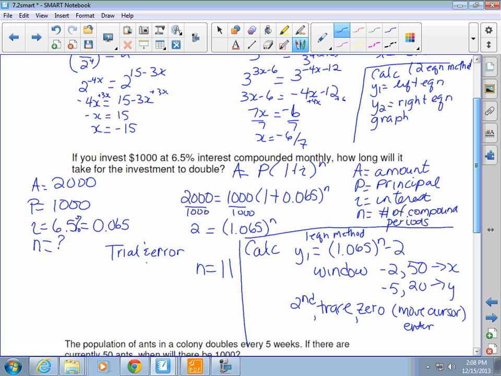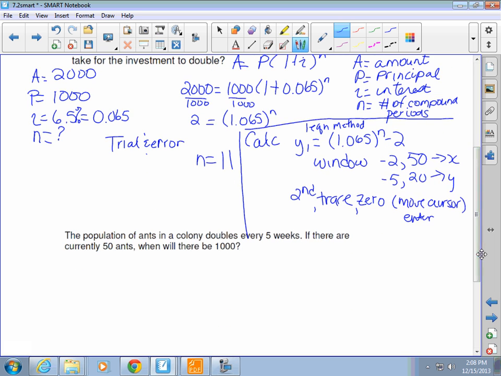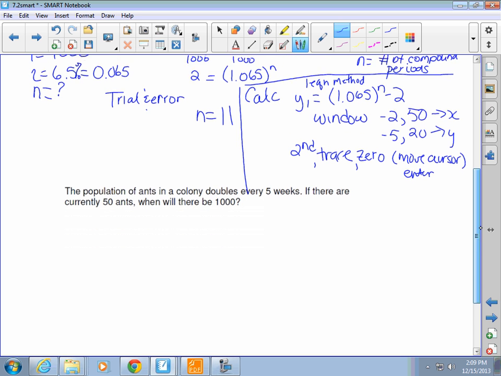So the 2 equation method, you're doing the intersect, which I think is 5, and the 1 equation method, you're doing the 0, and I think 0 is 2 on there. I might have them mixed up. But if you can do it on the calculator on your test, it's going to save you a lot of time. Because this one only went up to 11, but you might have one that goes up to 120. And if you're sitting on your calculator figuring all that out, it's going to take a while.